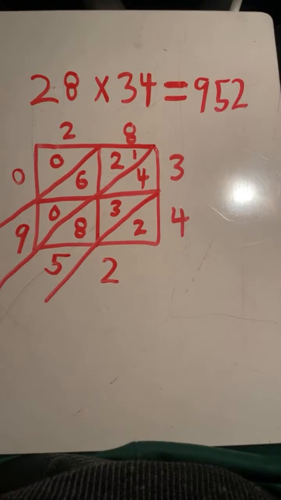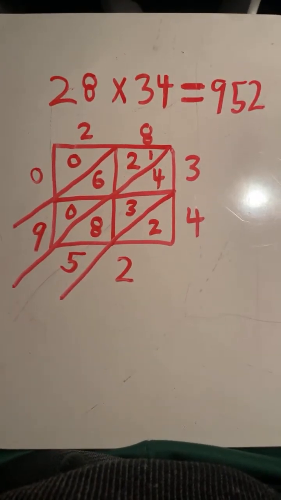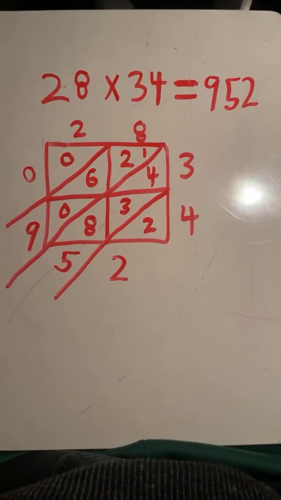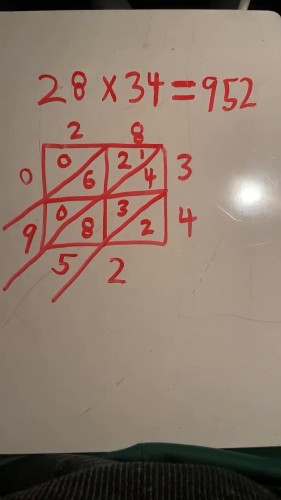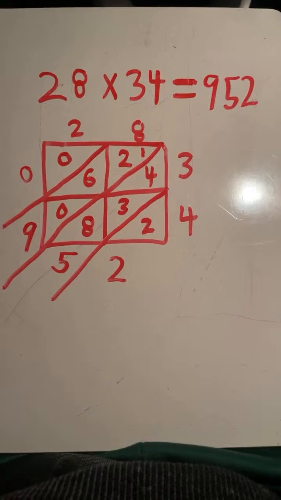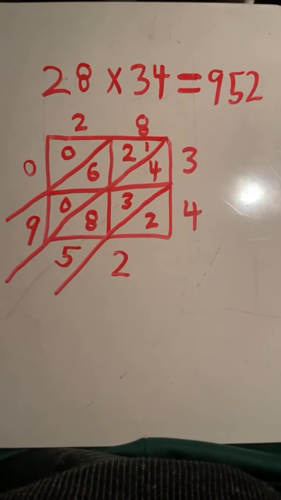All right, that is my video for today. Some people said they find this method more difficult. I want you to use whatever method works for you. There's a lot of different ways to get to the right answer. Some people like the old school multiplying each digit strategy that I learned in the 90s, 2000s.